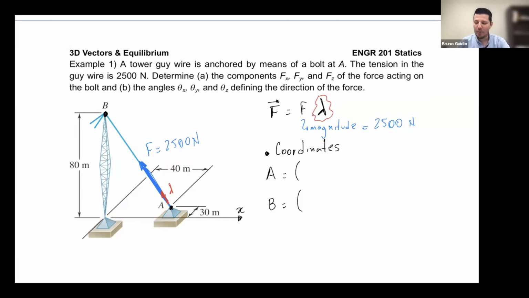I hope when I ask, you answer the question, even though you're over there in your house. 40 meters. Wow, 40 meters. What is Y?